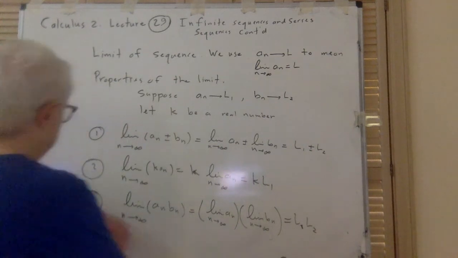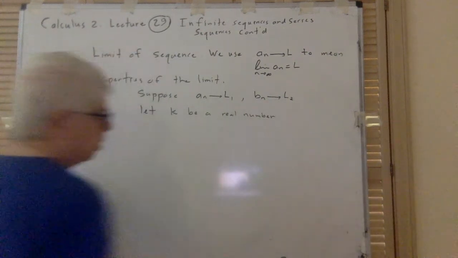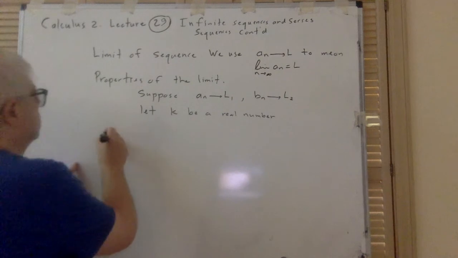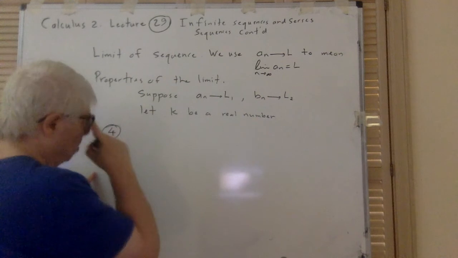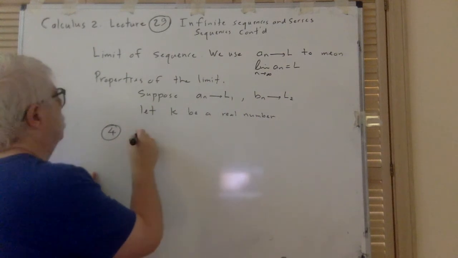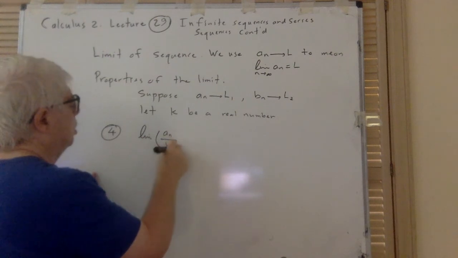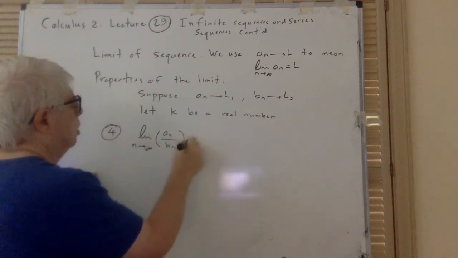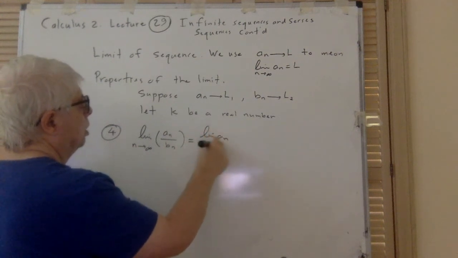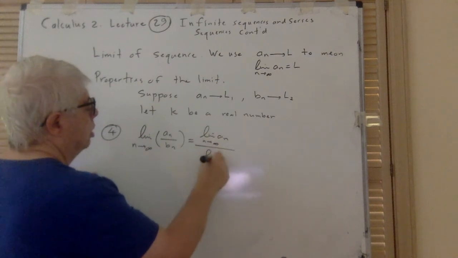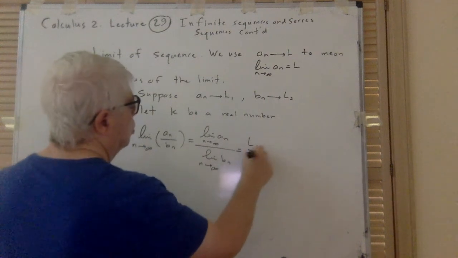So let me erase this and write number 4 here for you. This one is the limit of an over bn as n goes to infinity, which is the limit of an over the limit of bn, or L1 over L2.